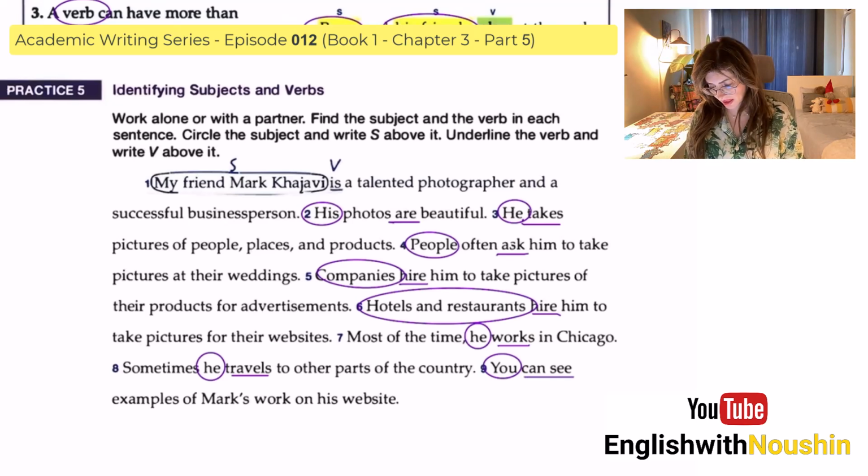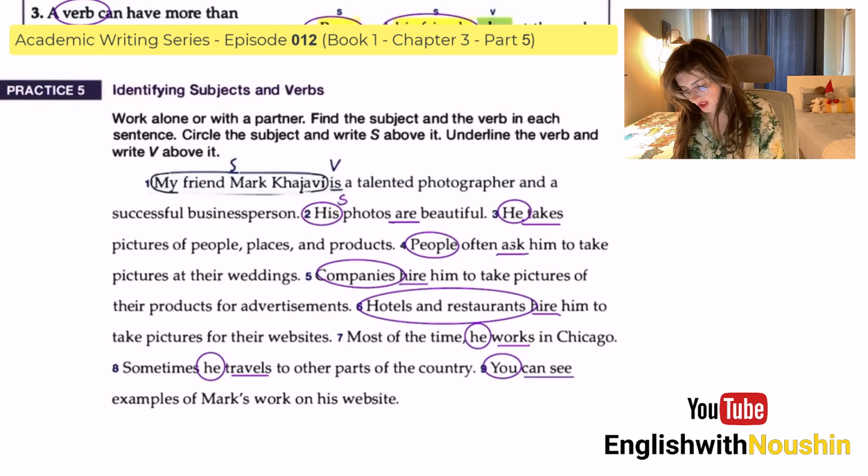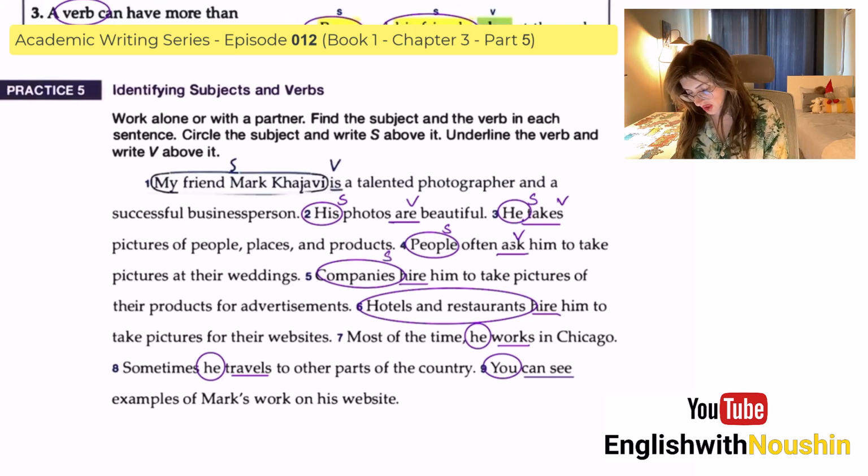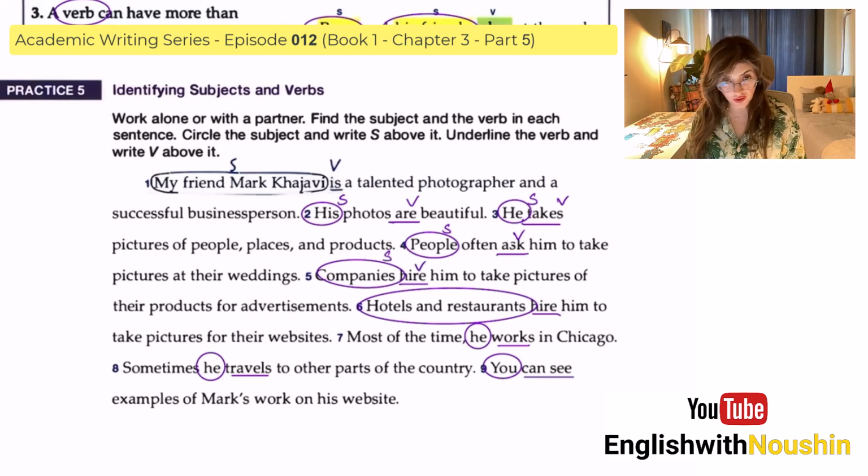So let's take a look again. Sentence number 1, subject, my friend Mark, verb is. 2, his, subject, verb are. 3, he, subject, takes, verb. 4, people, subject, ask, verb. Companies, subject, hire, verb.